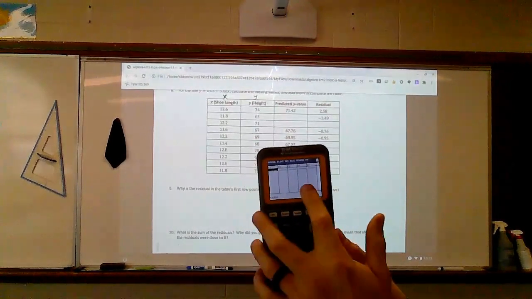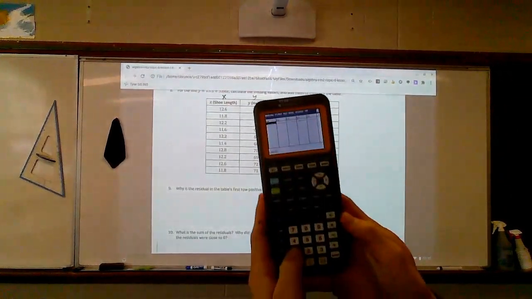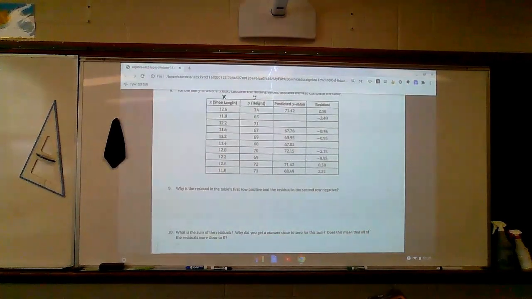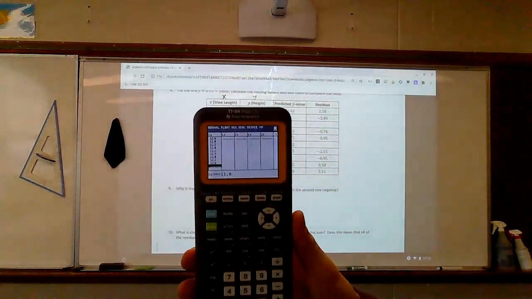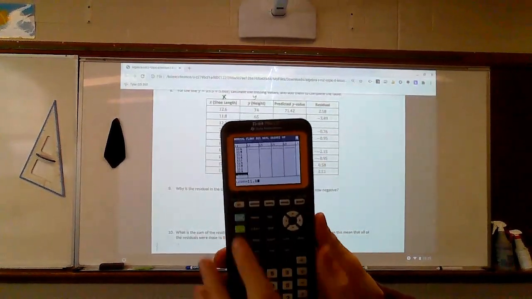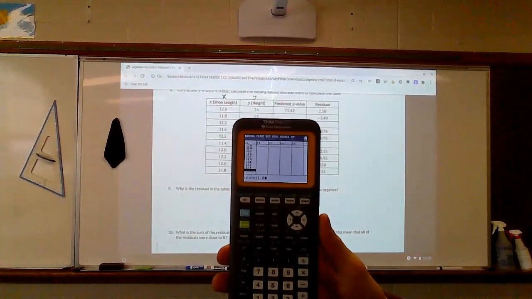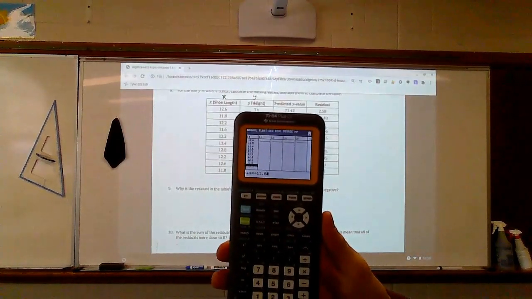To enter these in, I physically enter in my numbers. So I'm not going to show you this. I put 12.6, enter. 11 and 8/10, enter. 12 and 2/10, enter. I'm going to stop saying that now because I'm going to screw myself up as I'm doing it. But I'm entering in all of my x values first. There's my last x value, 11 and 8/10. Notice how it says L1 and in parentheses it says 10. That's the number of data points.